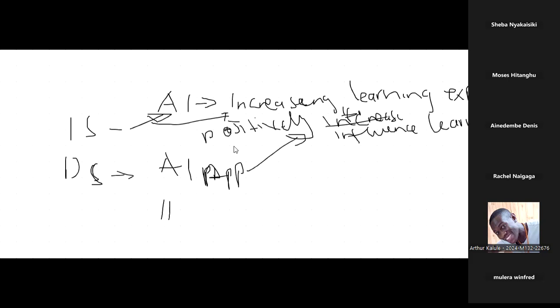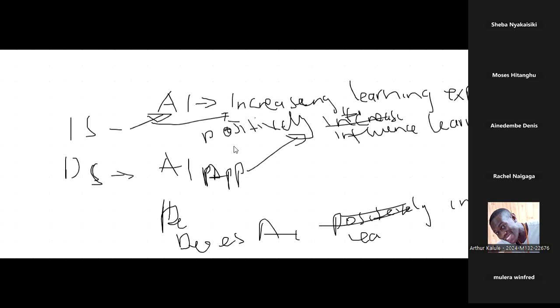research question saying, does AI positively influence, or it could be just, does AI influence the learning experience?